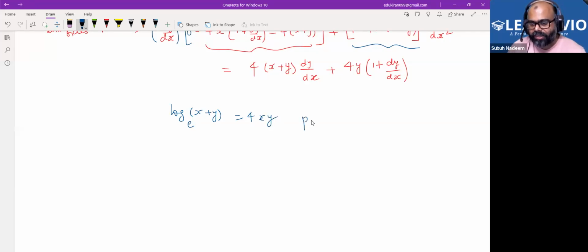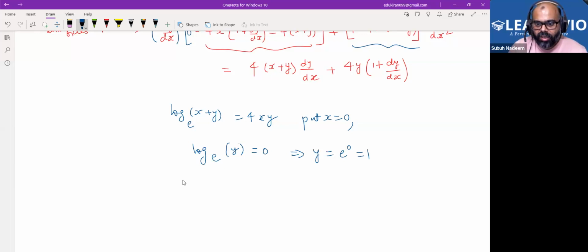We put x equal to 0 there, and log of (0 plus y), that will be y only, to the base e is equal to 0. So we get y is equal to e to the power 0, that is 1. So if x is equal to 0, y is equal to 1. This is one thing we are getting. First write this.